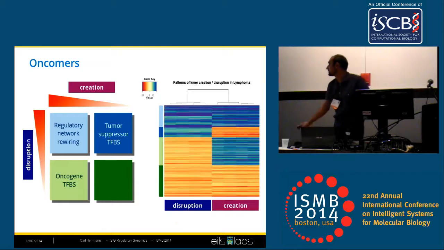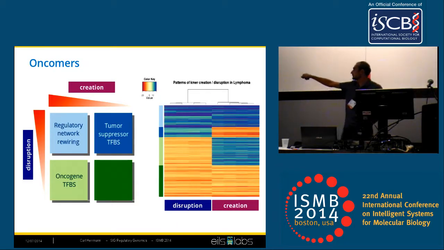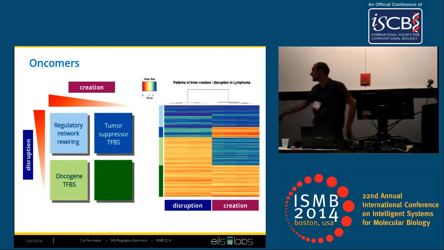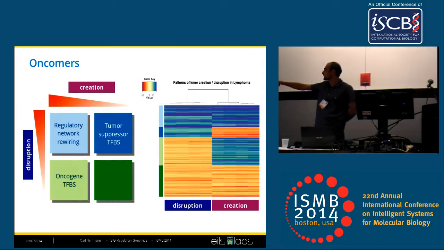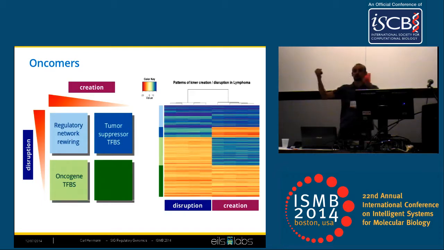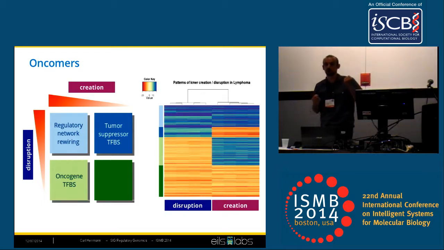Trying to interpret these cases, we expect to find more tumor suppressor motifs here in this corner, frequently disrupted and rarely created, and oncogenic ones here. And here is a more complex situation where we have both creation and disruption of the same motifs. We believe that this might indicate rewiring of the transcriptional network, and I'll show you some results.